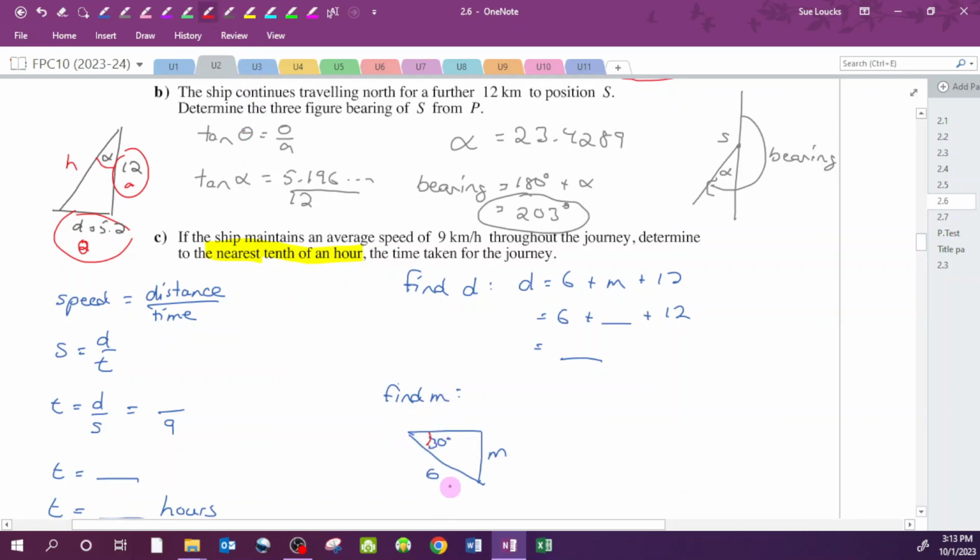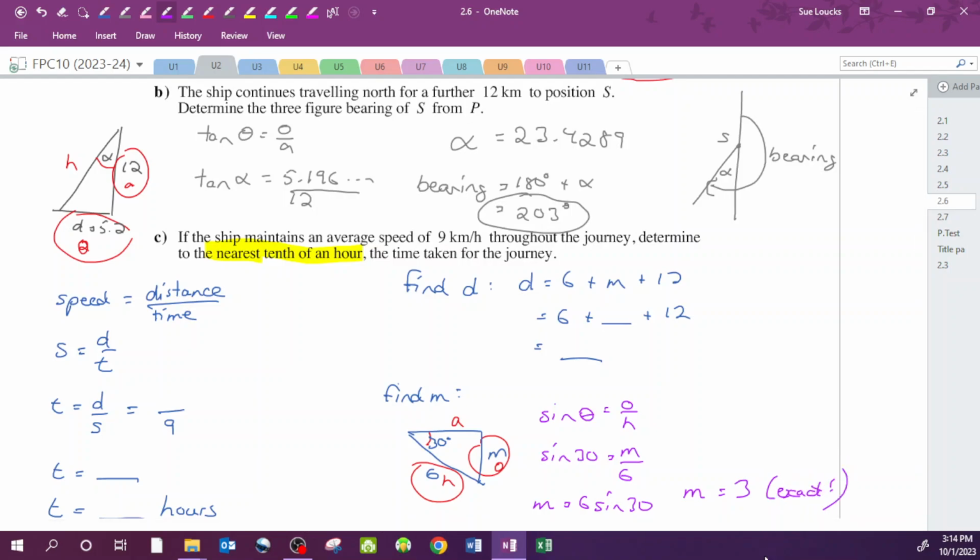So there's my angle, my hypotenuse, my opposite, my adjacent. Since I've got O and H circled, this is going to be sine. So sine theta equals opposite over hypotenuse. So sine 30 equals m over 6. So m equals 6 sine 30. So m equals 3. And that's exact.